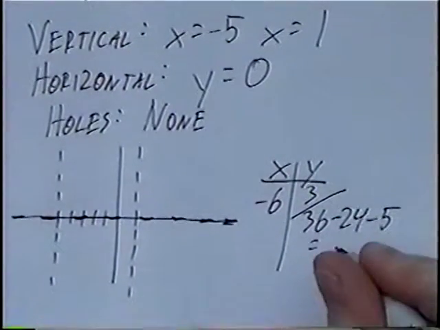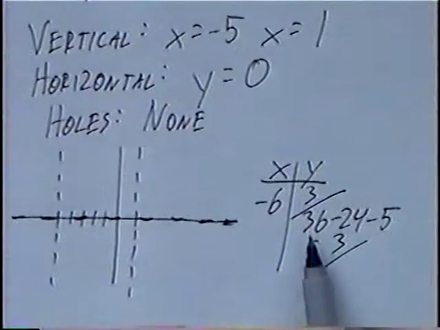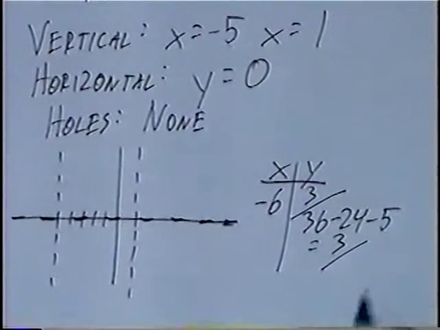Solving this out, we'll have 3 divided by 36 minus 24 would be 12, minus 5 would be 7.